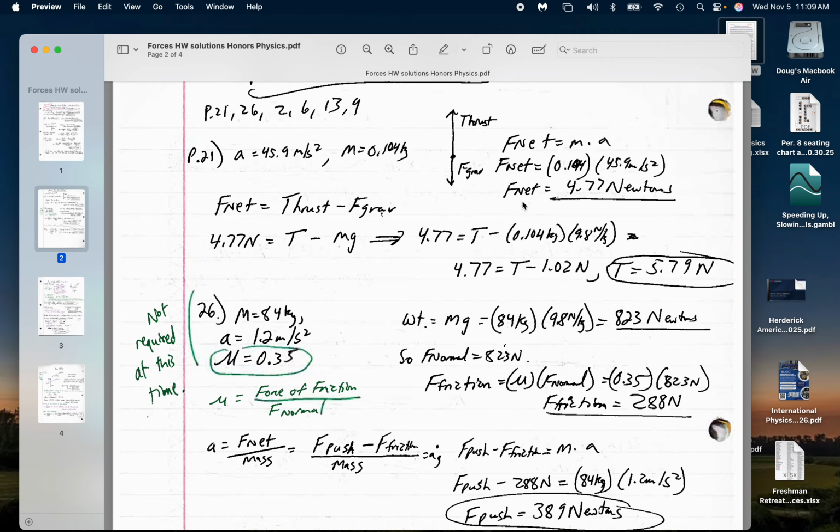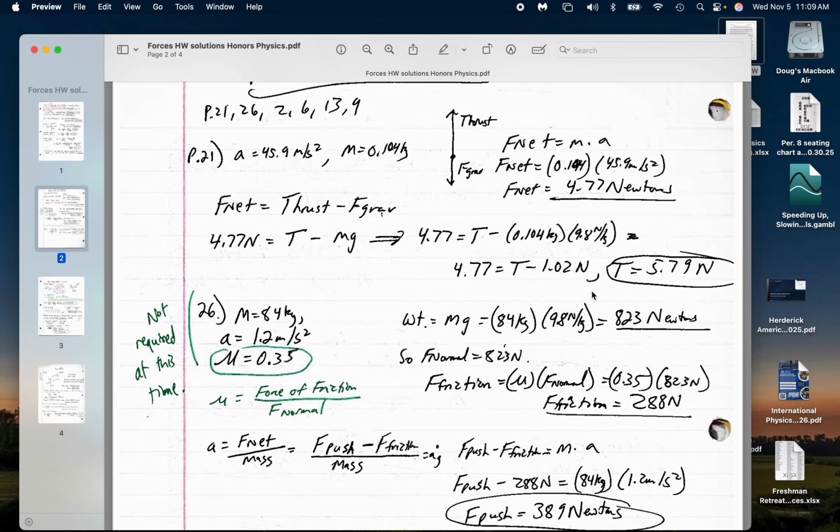So I know the net force is 4.77 newtons, but if I look at this free body diagram, which I suggested that you draw, net force is equal to thrust minus force of gravity. So 4.77 is equal to T, which I'll call the thrust, minus m, which is 0.104 kilograms, times 9.8 newtons per kilogram. That means the thrust has to be bigger than the net force. The thrust is 5.79 newtons.